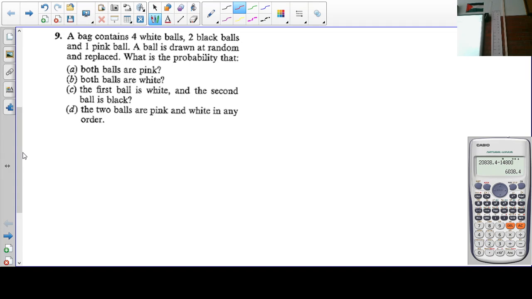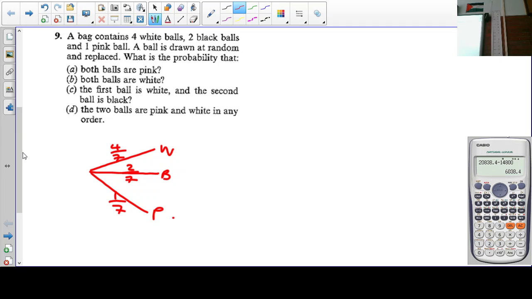The easiest way to do this is going to be on a tree diagram. So 4 out of 7 is white, 2 out of 7 is black, and 1 out of 7 is pink.